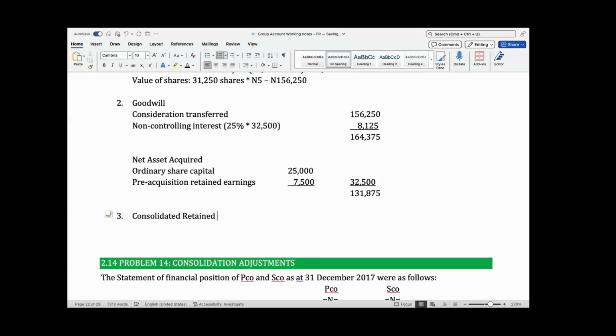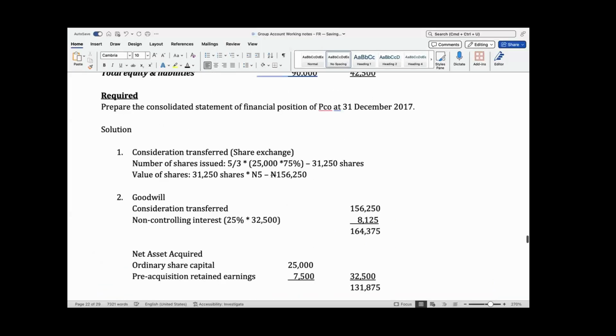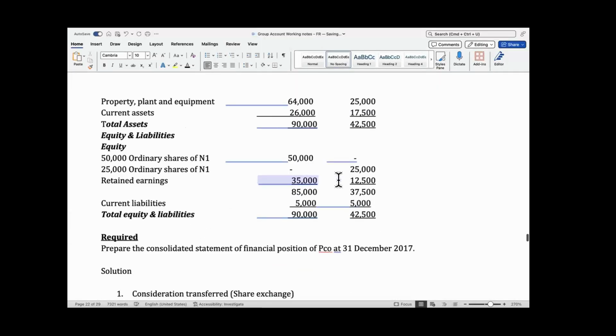Consolidated retained earnings. Per question, also retained earnings of the parents, 32,525.